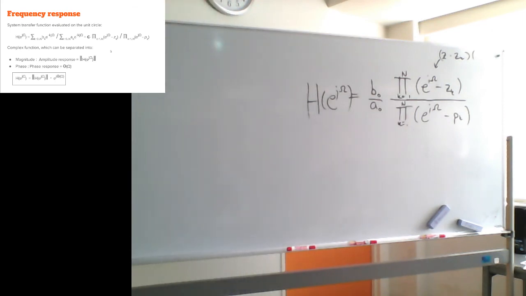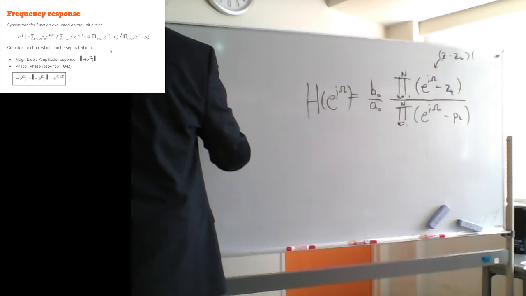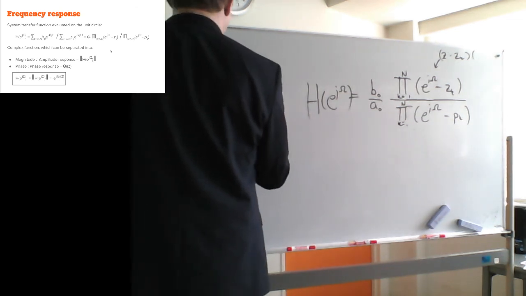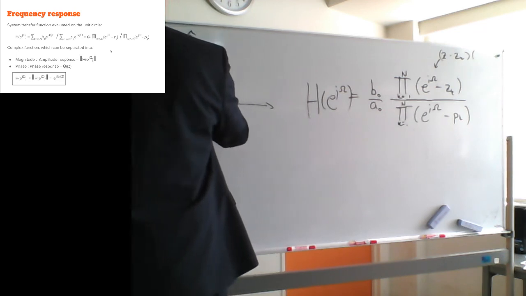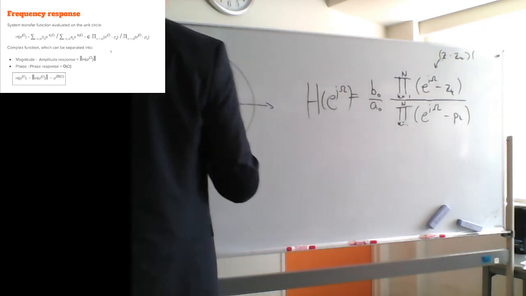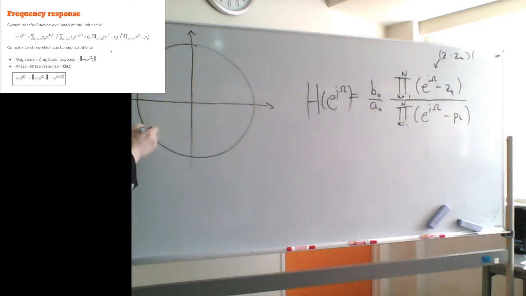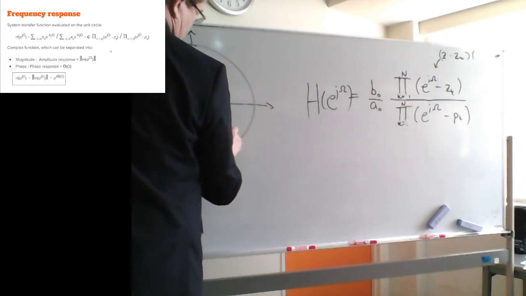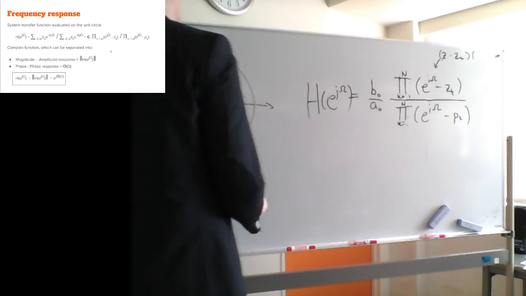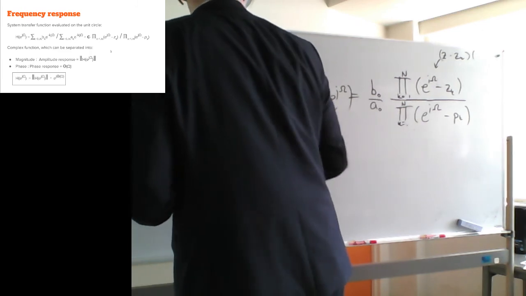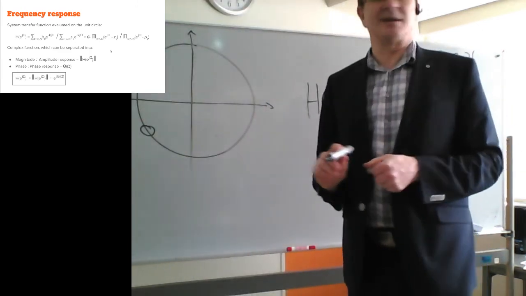We have the zero pole plot. Let's keep it simple. I've just put a couple of zeros here and a couple of poles here. Wait a minute. Let's make it easy so that we can actually test it with MATLAB.